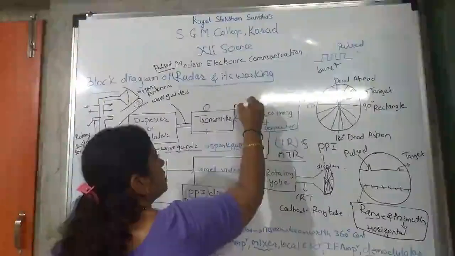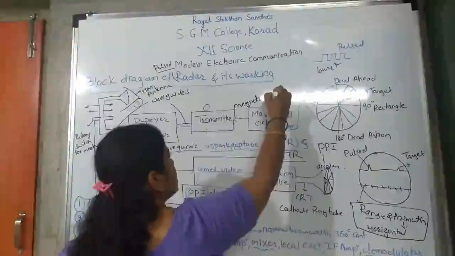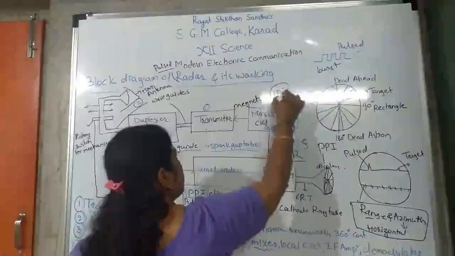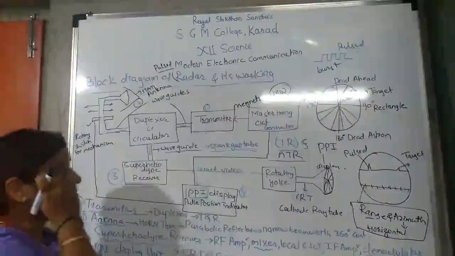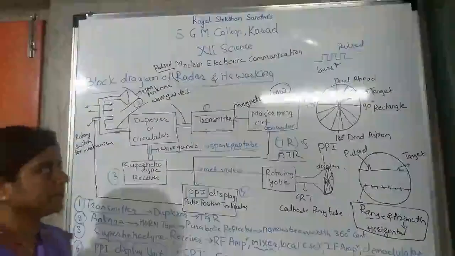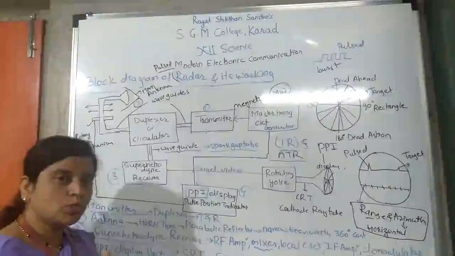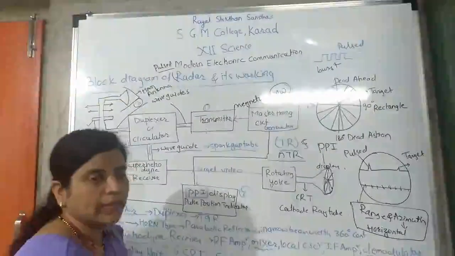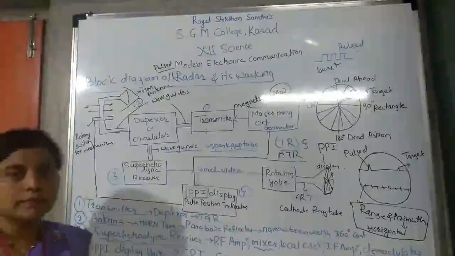So the magnetron present in the transmitter has a range in the megawatts, and it works in the microwave region.